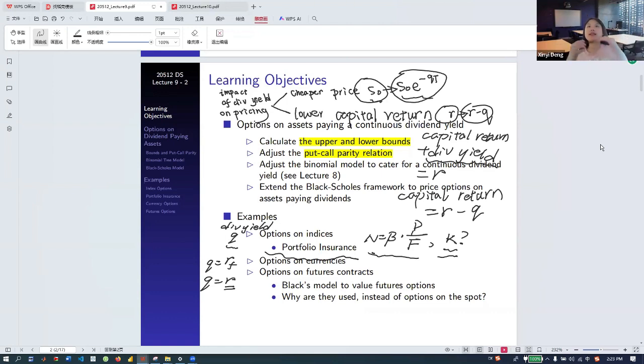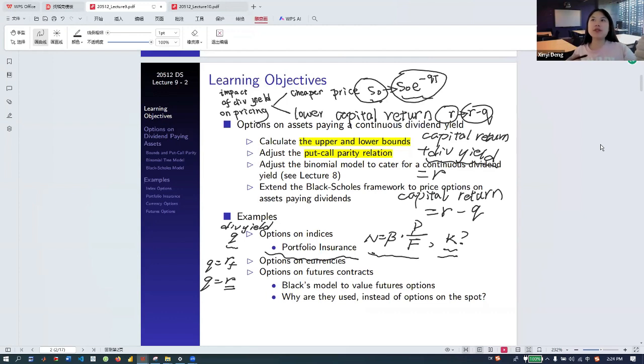So since it's going to have the same probability distribution as a realistic scenario where you start off at a price of S0 but end up having lower capital returns, it's just the same as starting off at a lower price, but with the capital return still being R, not subtracting the dividend yield.